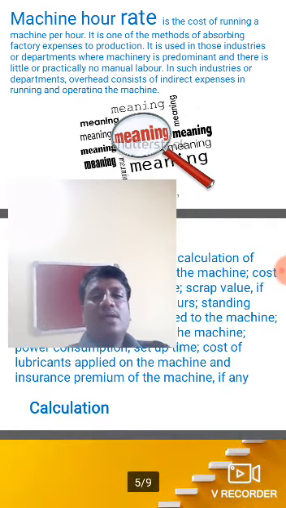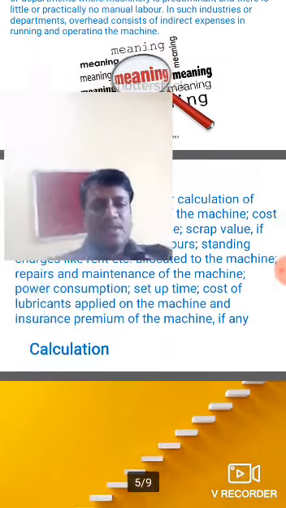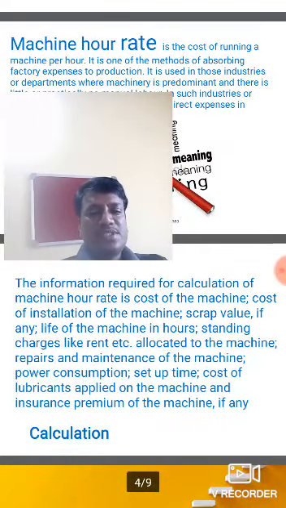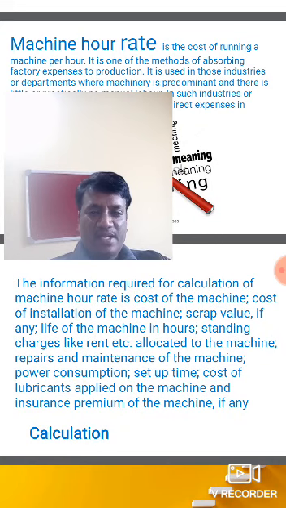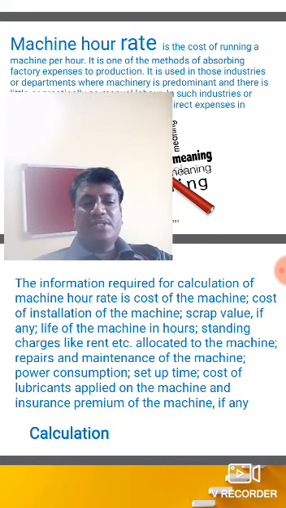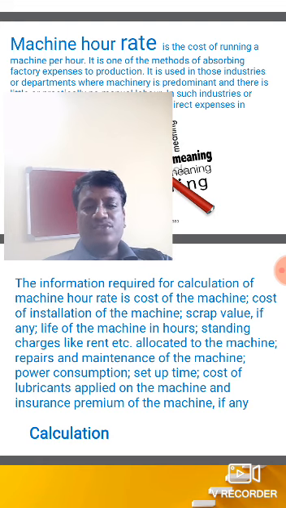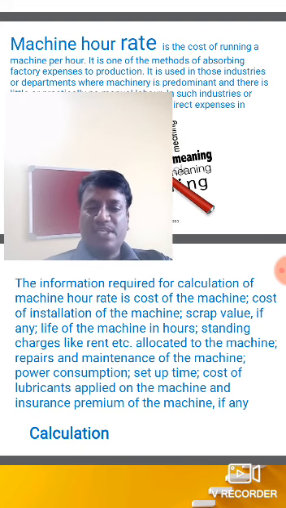Now, we shall try to see how this machine hour rate will be calculated. The information required for calculating machine hour rate is the cost of the machine, the cost of installation of the machine, the scrap value, if any, given in the problem, and the life of the machine in hours, which will usually be given in the problem.